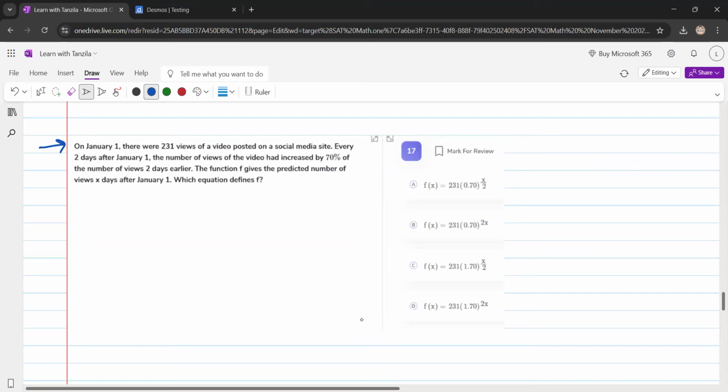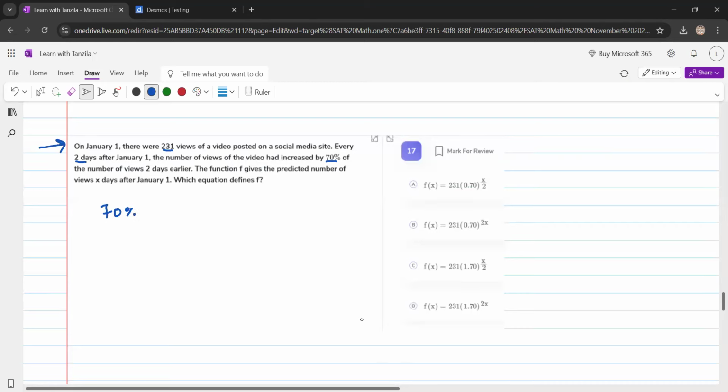On January 1, there were 231 views on a video posted on a social media site. Every 2 days after January 1, the number of views of the video has increased by 70%.